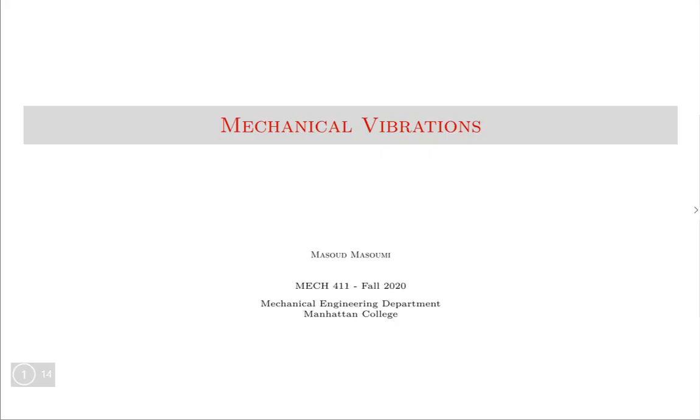So the first element is an element that can store potential energy. Examples are spring and elasticity. So let me put these together and write them down. I'm going to talk about damping today. I gave away the topic.